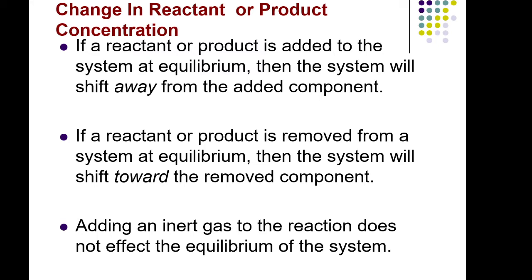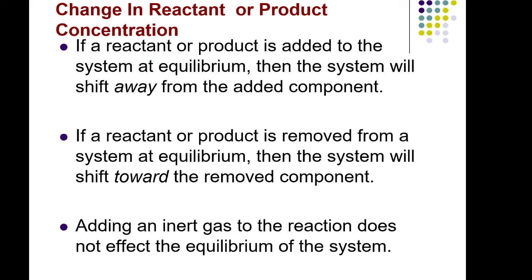Now, if I add a reactant or a product to a reaction at equilibrium, I've got too much of what I've added, so I've got to shift away from what I've added. Now I have 18 dozen eggs in my refrigerator. I've got to get rid of them, so I start giving them away and using them up, making omelets and cakes and muffins, whatever I can do to use up all the eggs.